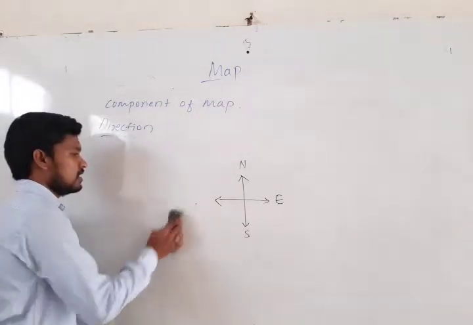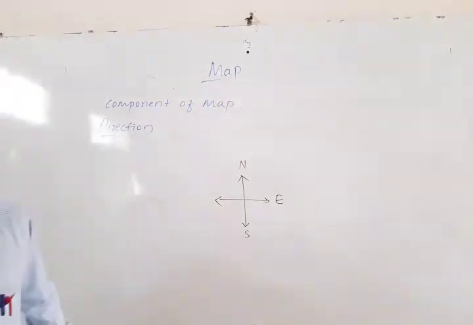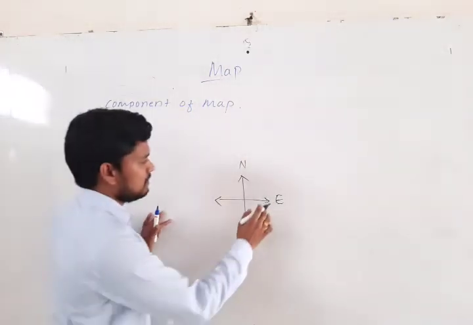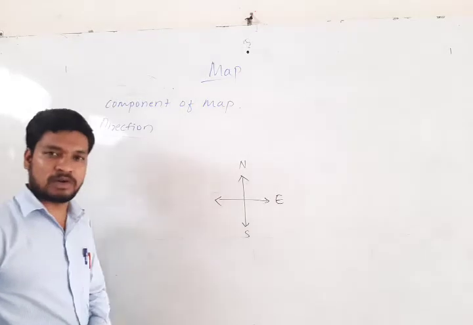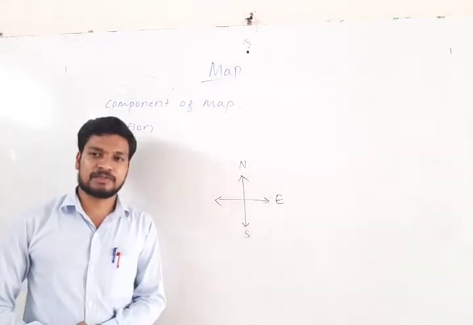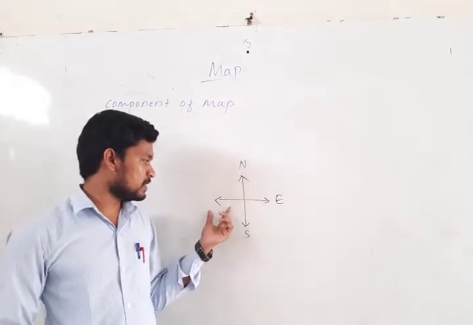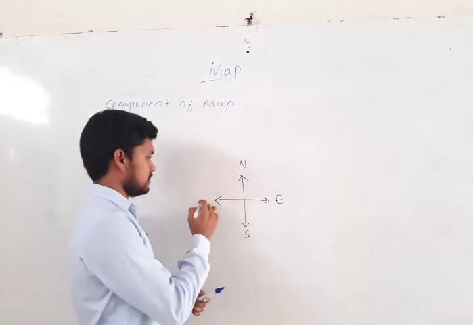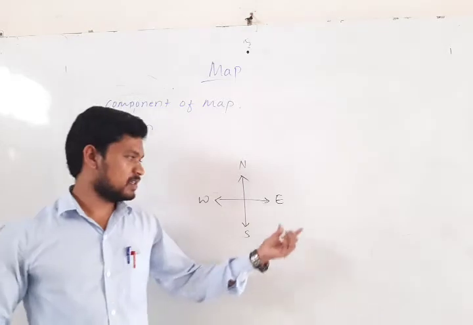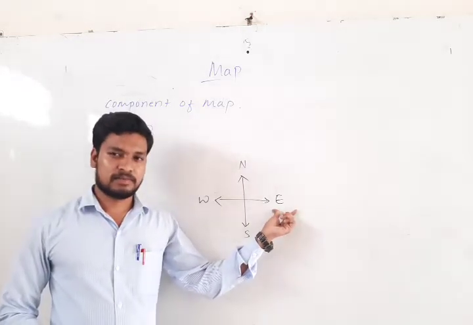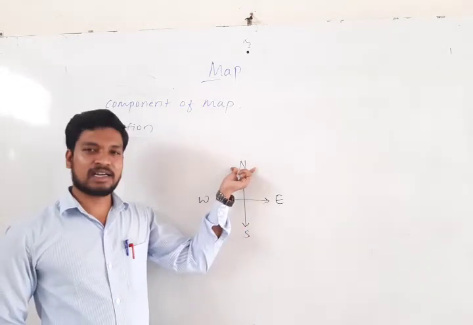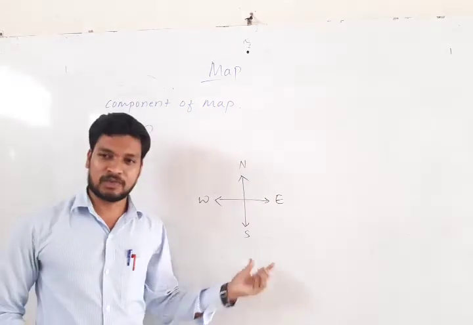So it's a direction. In between these, we have 4 more directions. In Kannada, we say Purva, Paschima, Uttara, Dakshina. Purva, east. Paschima, west. Uttara, north. Dakshina, south.